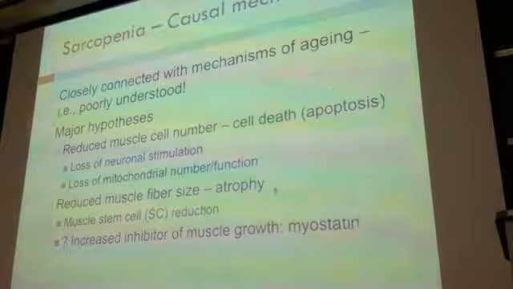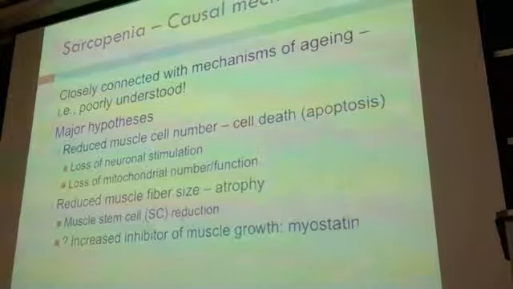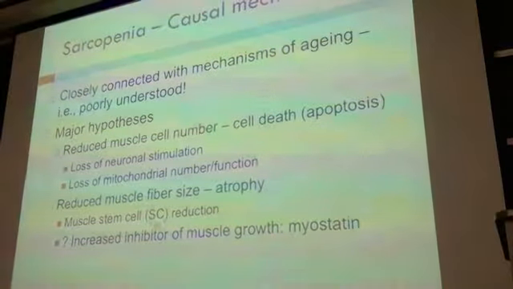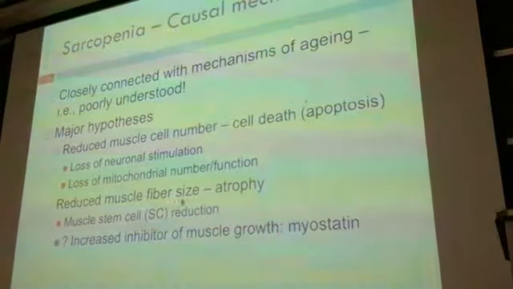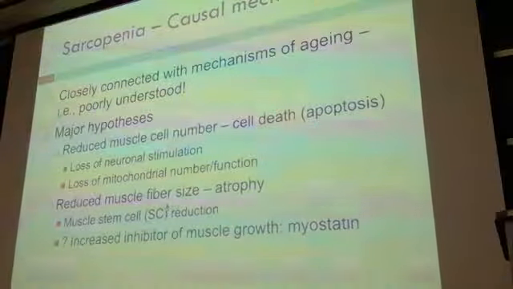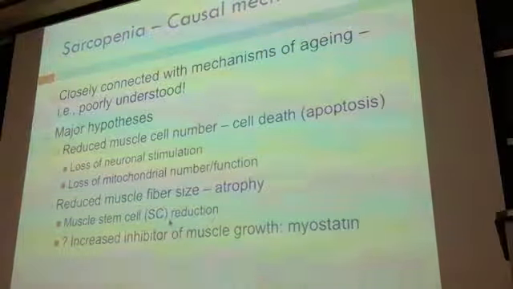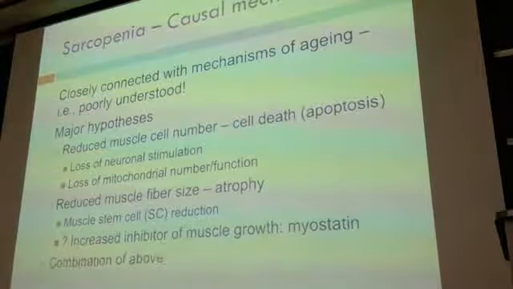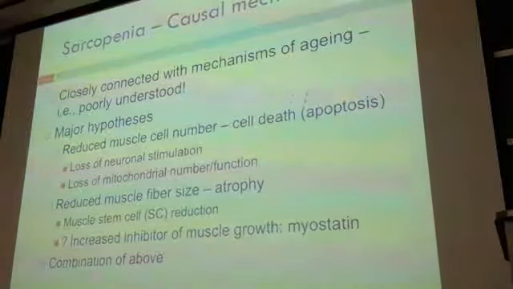And then there's reduced size and atrophy. And here we have less of a clear understanding, but I'll talk about this in a moment. There are muscle stem cells that appear to be important in maintaining muscle fiber size that can change with age. And there's a regulatory system which is being investigated, including something called myostatin, which I'll describe in a moment, that changes with age in a way that can affect muscle cell size, muscle fiber size.